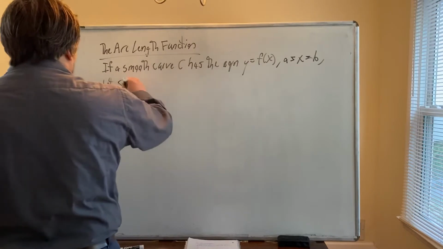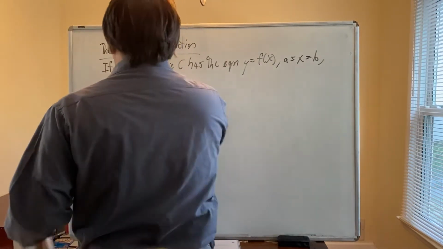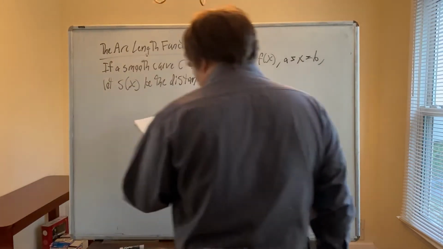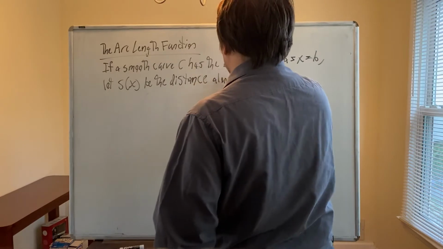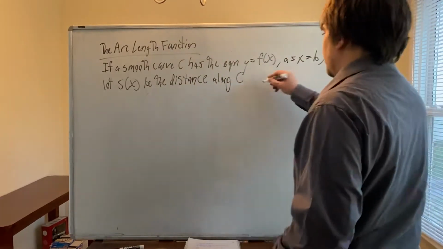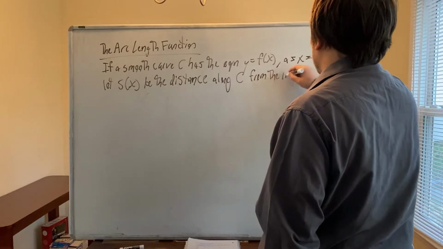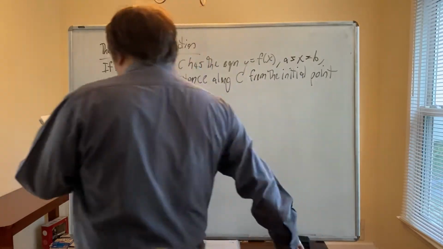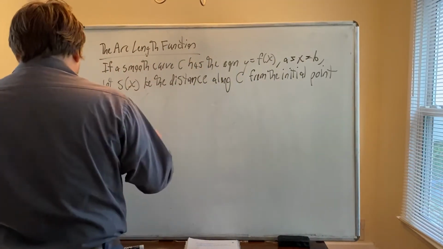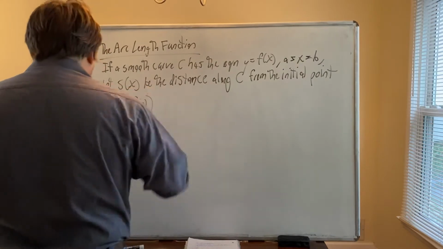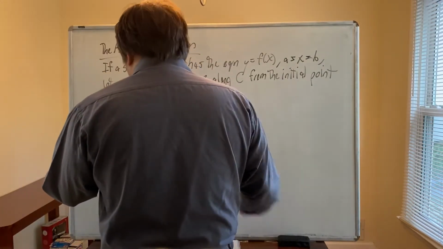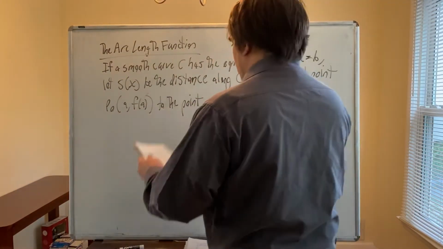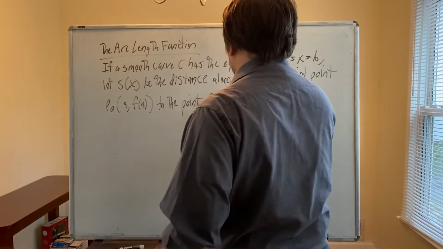let s of x be the distance along capital C from the initial point P naught, (a, f of a), to the point Q, (x, f of x).